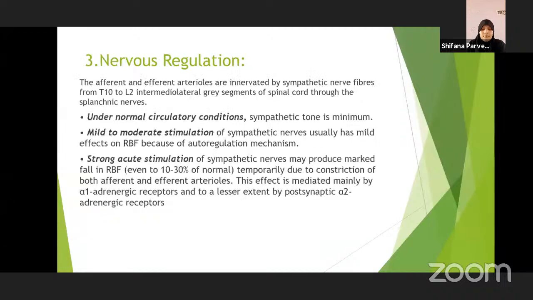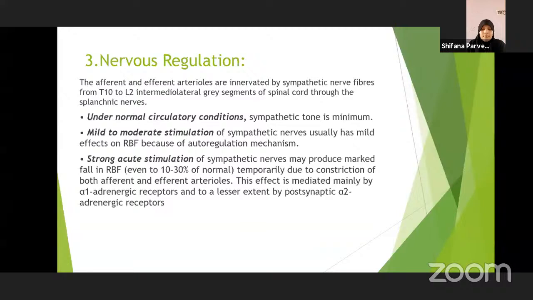Nervous regulation. The afferent and efferent arterioles are also innervated by sympathetic nerve fibers from T10 to L2 intermediolateral gray segments of the spinal cord through the splanchnic nerves. Under normal circulatory conditions, sympathetic tone is minimum. Moderate to mild stimulation of sympathetic nerves has mild effects on renal blood flow because of the autoregulation mechanism.